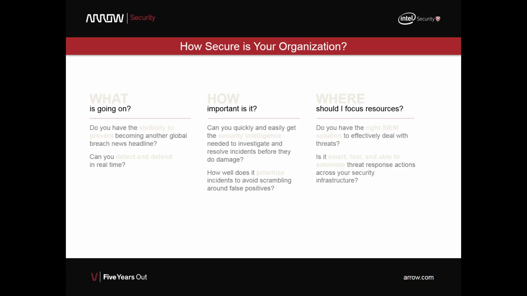So you need to understand what's going on and where, and you need to understand how important it is, but also you need to understand where you should focus your resource. So your IT teams, your infrastructure administrators, they need to be able to focus on what is important, and it takes away the guesswork, and it takes away teams saying, I've done this right, it's got to be another product's fault, and they go, I've got this right, it's someone else's fault.